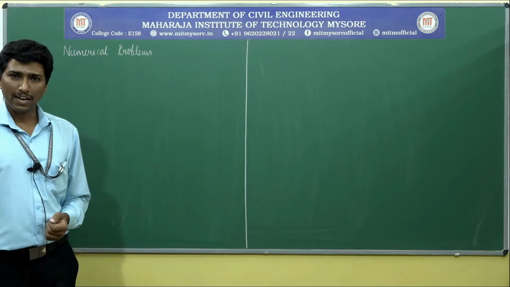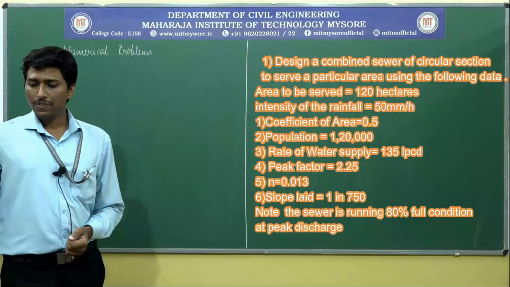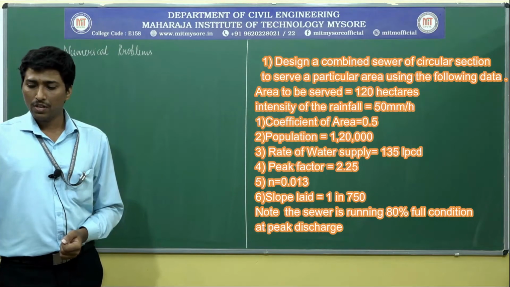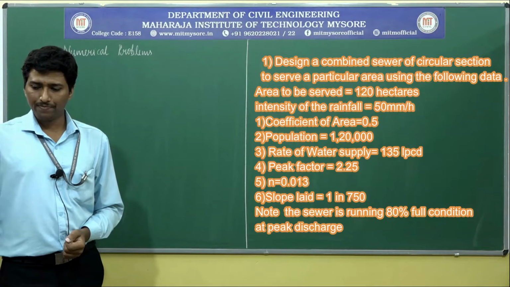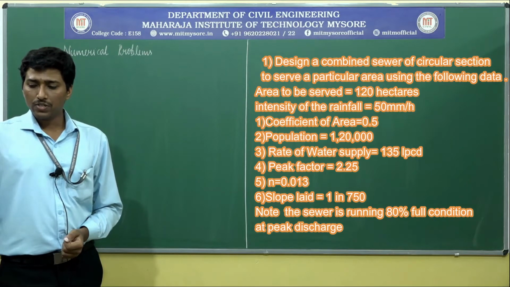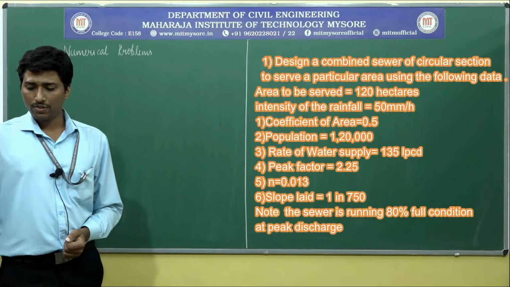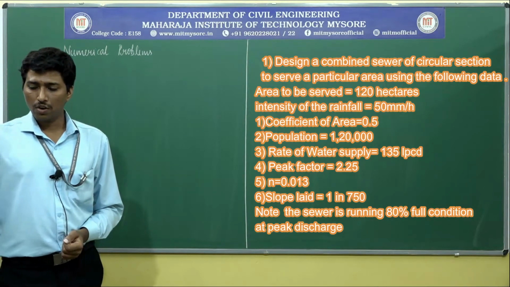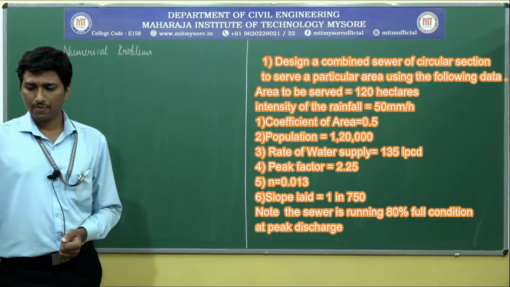Design a combined sewer of a circular section to serve a particular area using the following data. Observe it carefully. Area to be served is 120 hectares. Intensity of rainfall is 50 millimeter per hour. Coefficient of area is 0.5.